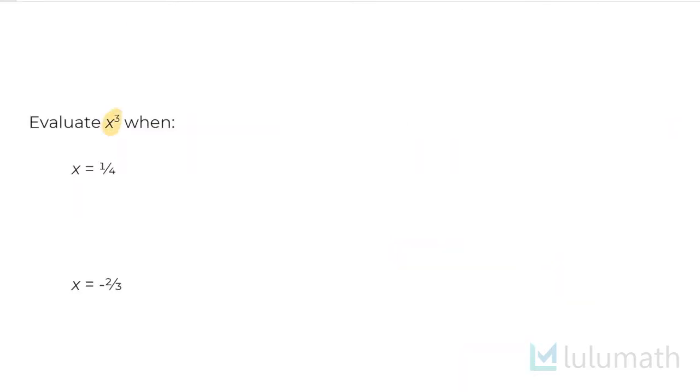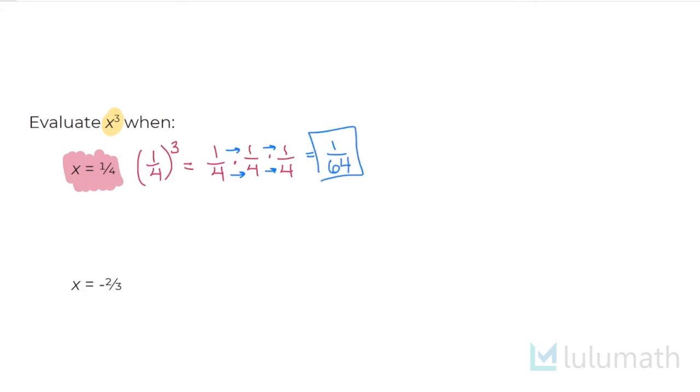So now we want to evaluate x to the power of 3 if x equals 1/4 again. So this time I will take 1/4 and I will raise it to the power of 3, don't forget your brackets, so I will get 1/4 times 1/4 times 1/4. Well, 1 times 1 is 1, times another 1 is also 1, and then 4 times 4 is 16, times another 4 is 64. So I get 1/64 as my answer here.